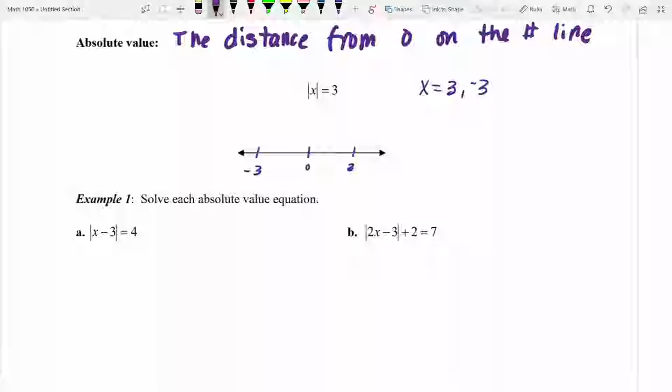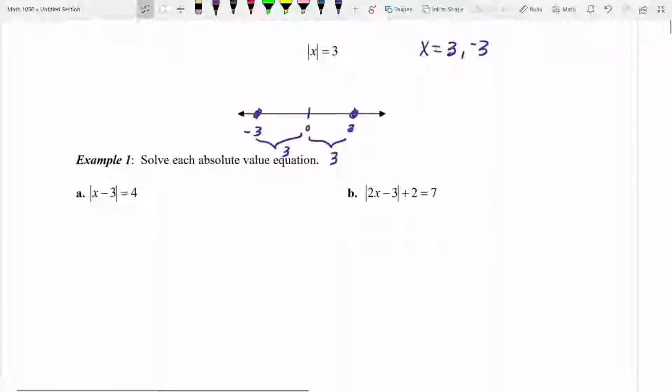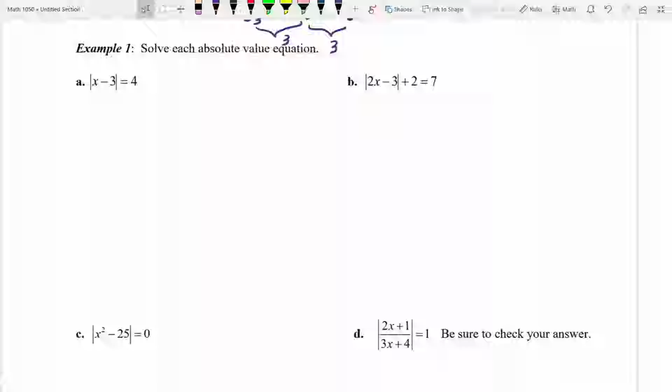Okay, so if you look right here, the 3 is exactly 3 units away. The -3 is also exactly 3 units away. So put a dot on the 3, put a dot on the -3, and that's how you do it. Okay, very simple.